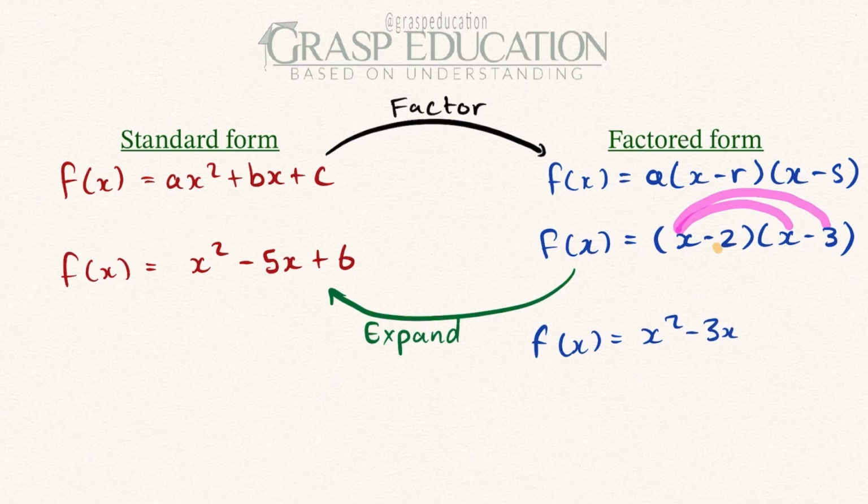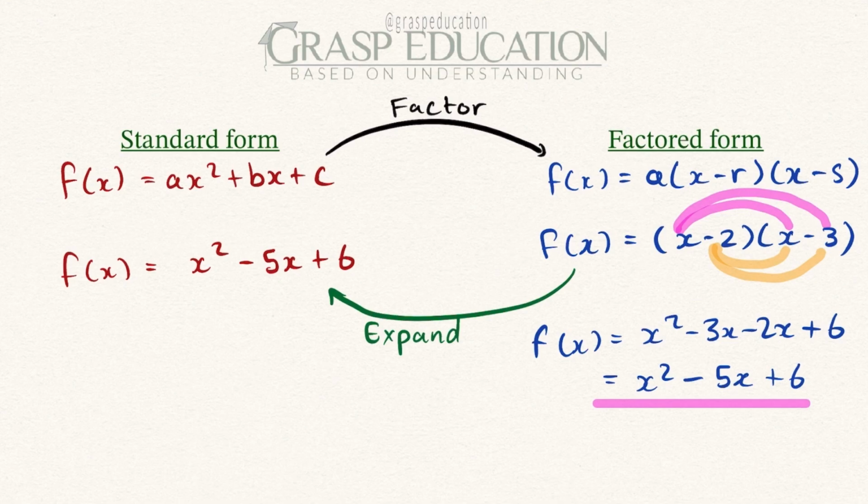Then negative 2 would multiply x and become negative 2x, and negative 2 would multiply negative 3 and become positive 6. Together, that makes x² - 5x + 6. That is exactly what we got in standard form.